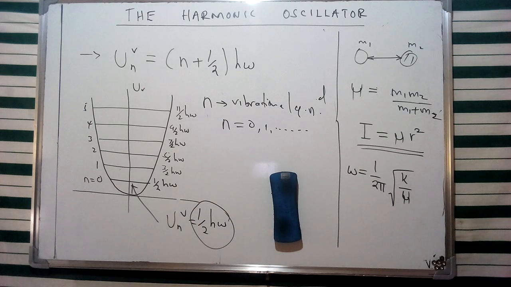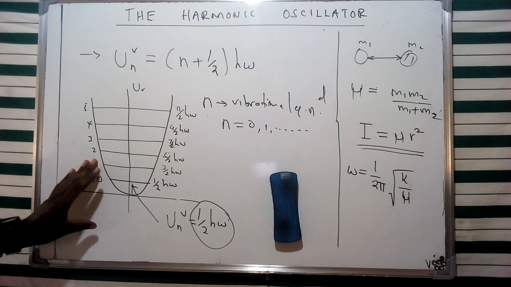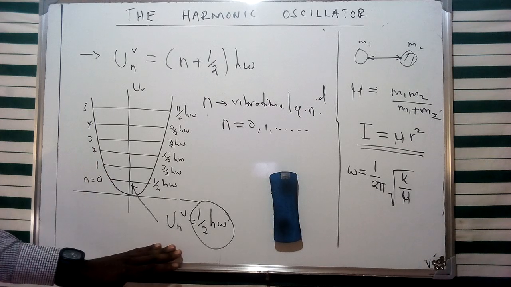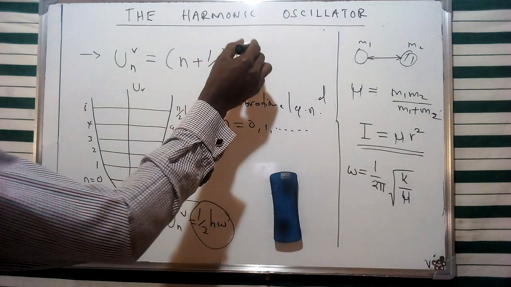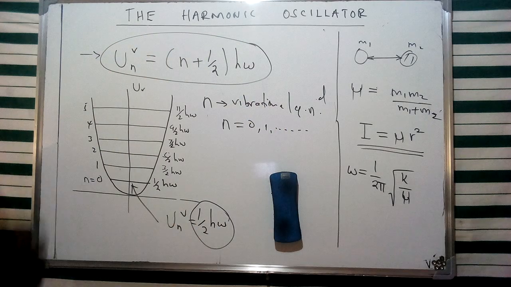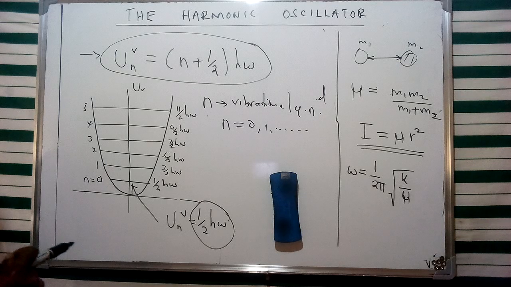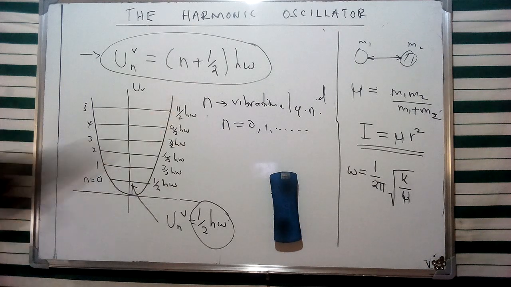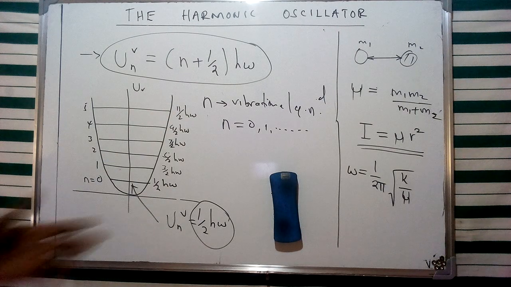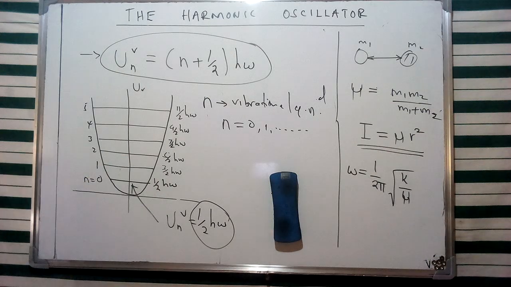Now we're going to consider other specific levels of this harmonic oscillator, but from this particular discussion that we have had, I'm going to have a general case of this representation, which is going to assist us transit into the quantum partition function, which is going to help us represent the thermally accessible levels for the harmonic oscillator.